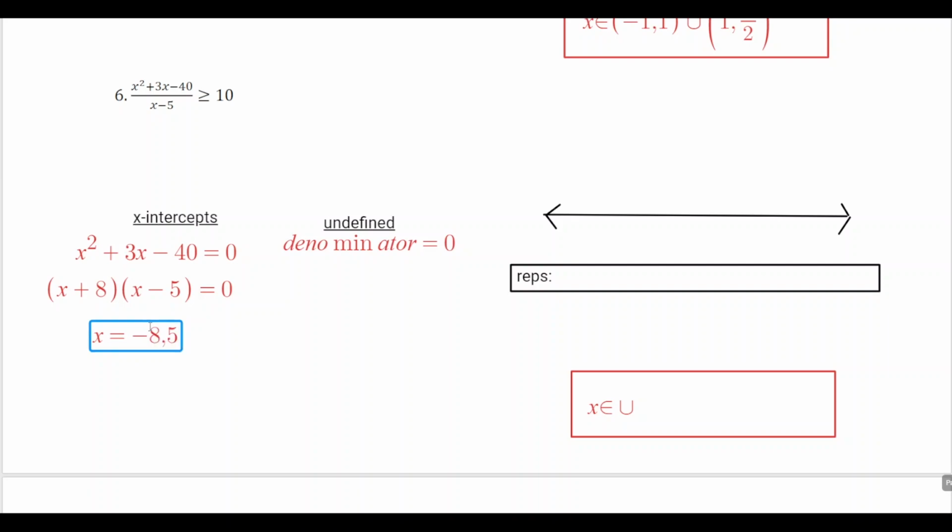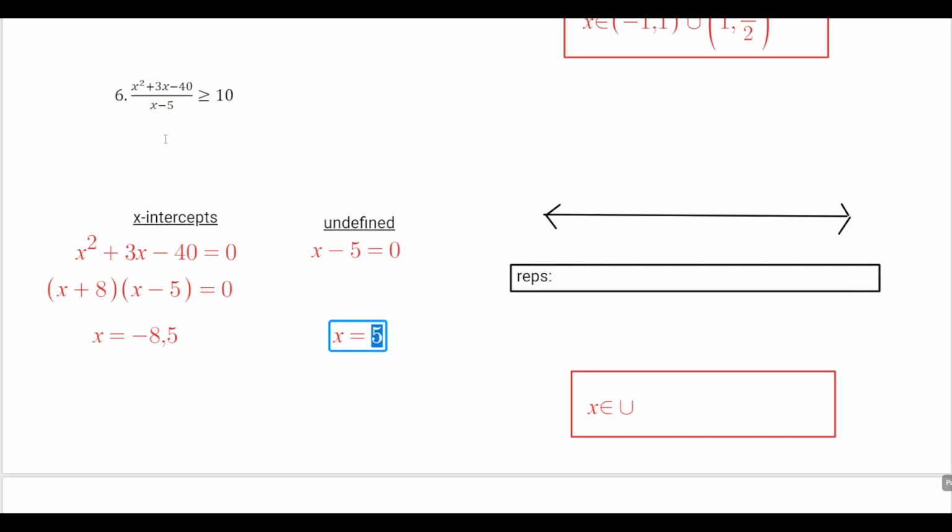Now, one thing you might start to notice here, you might have already seen it, I haven't mentioned it yet, but let's just see what happens. For my x values that make the function undefined, I just have x minus 5 equals 0, so I get x equals 5. Now, right away, I'm seeing a little red flag here because I'm getting the same value. It's supposed to be an x-intercept, but it's also supposed to be undefined.